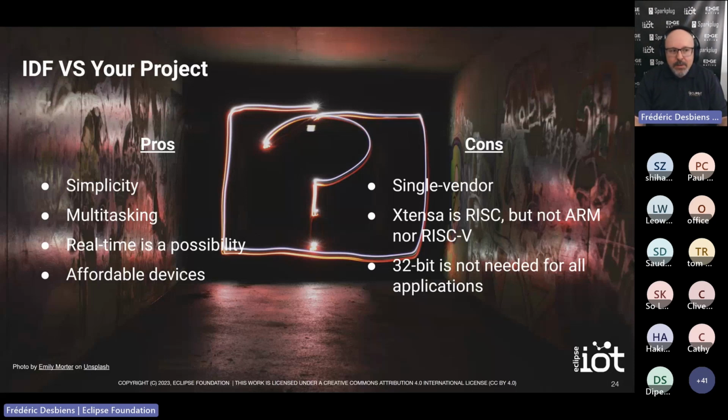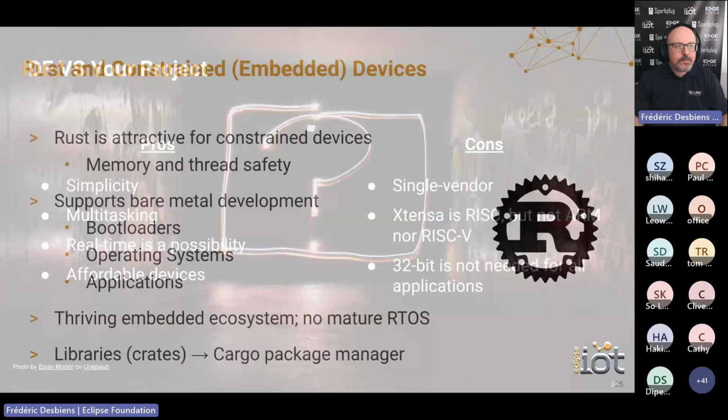But this is a single vendor ecosystem. Extensa is certainly a good architecture. It's a RISC one, but it's not ARM, not RISC-V, so of course it's a bit more limited. And well, the 32-bit microcontroller is nice, but not necessarily needed for all ranges of applications.